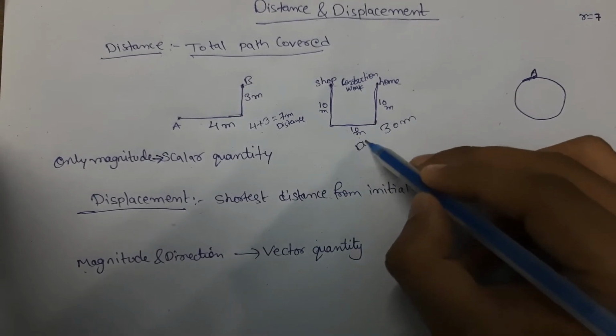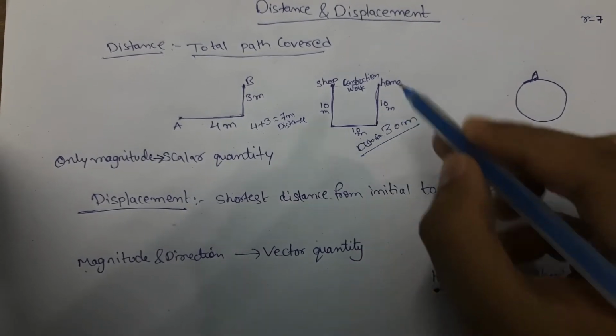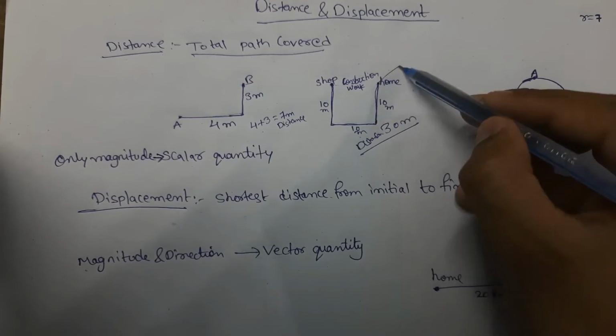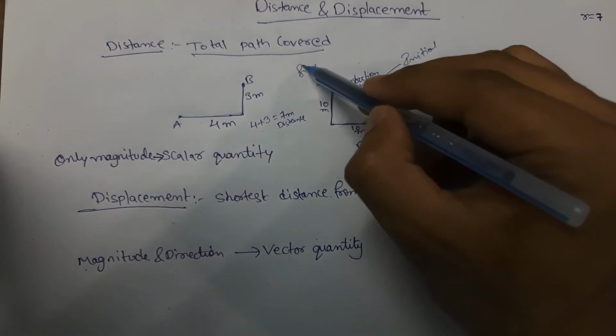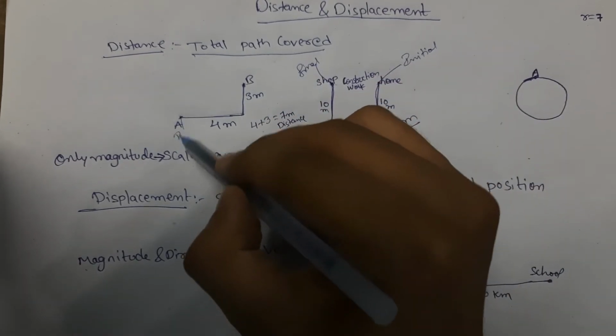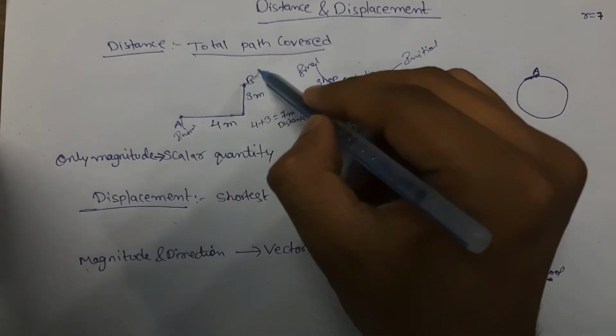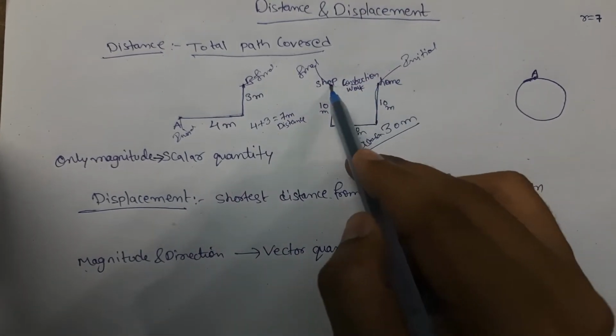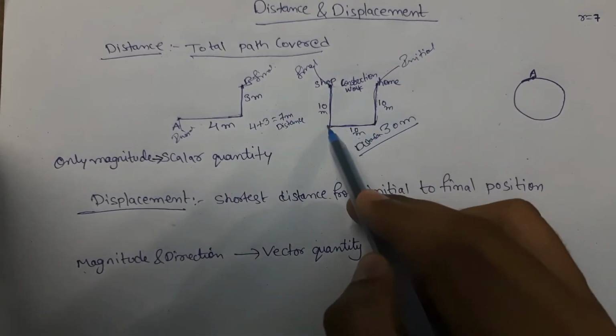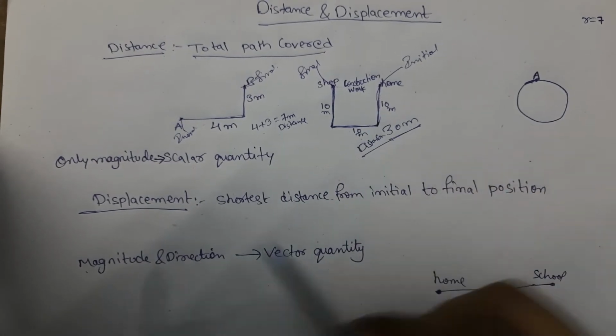Here distance is 30 meters to reach that shop. This is your initial position. Here the shop is your final position. In the same way, this is the initial, this is the final position. So to reach your final position, you travel a distance of 30 meters.